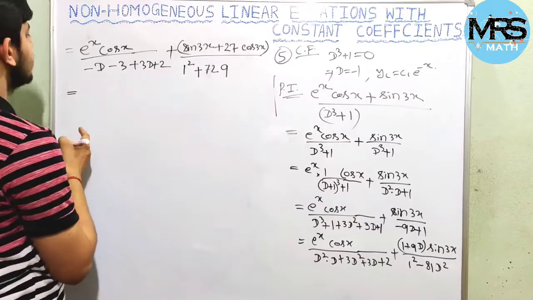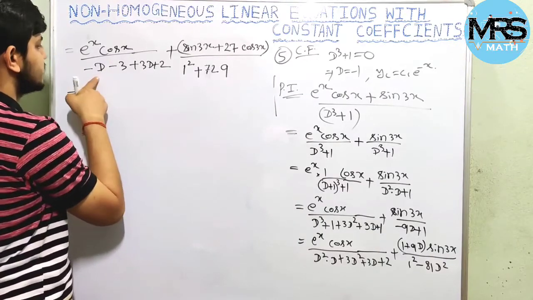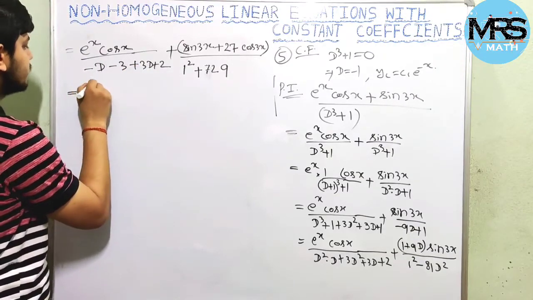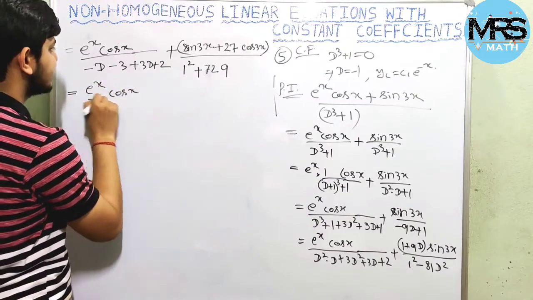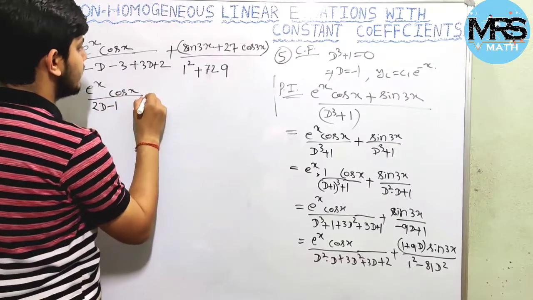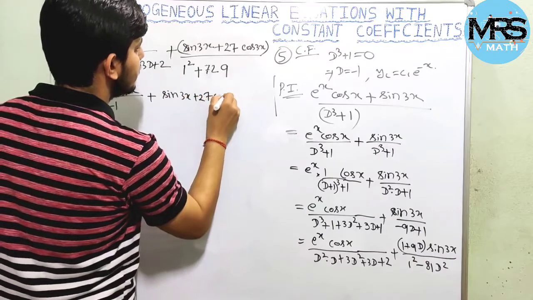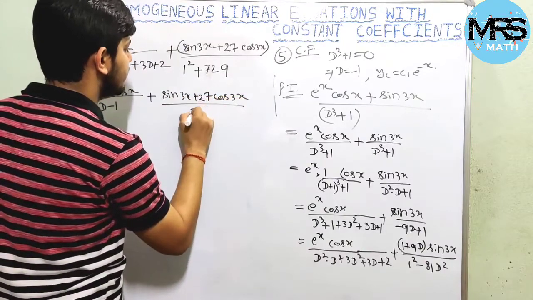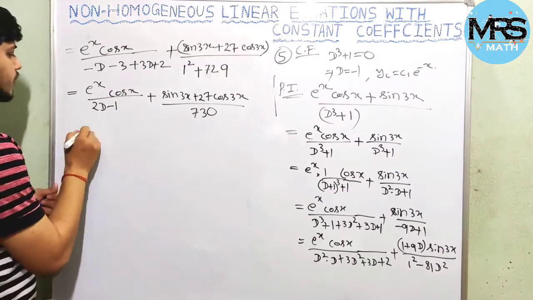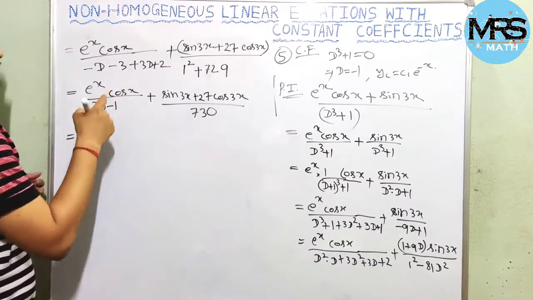So what will be our next step, that is e to the power x cos x, 3D minus D is 2D minus 1, okay, so e to the power x cos x over 2D minus 1, and here sin 3x plus 27 cos 3x divided by 730. So again the same problem here, so we apply 2D plus 1 in the numerator and denominator.